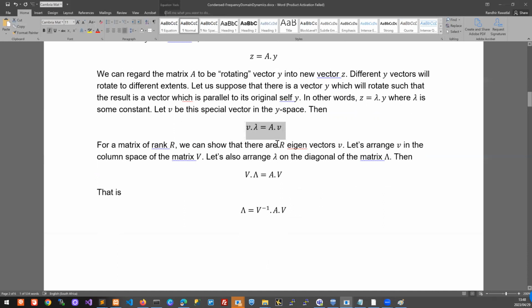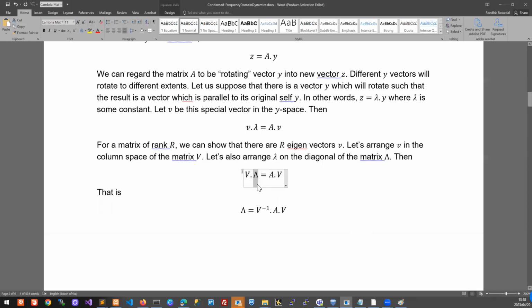Now we can also say that there might exist more than one such vector. In fact, it can be shown that, generally speaking, for a matrix of rank R, there will be R eigenvectors. If we have R eigenvectors, we will arrange them in the column space of a new matrix, which we'll call V. We also want to create a matrix for lambda, so we will stick all the corresponding values of lambda in the diagonal of a new matrix.